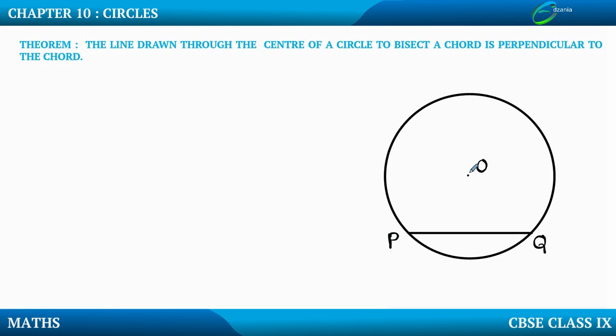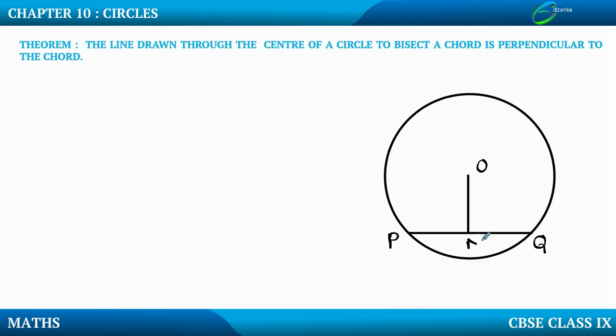So there is a line drawn from the center to bisect the chord. So from the center I need to bisect the chord, that is I need to divide the chord into two equal parts. So let me draw a line like this. You can call this a line or line segment.